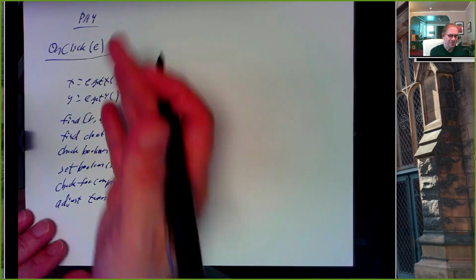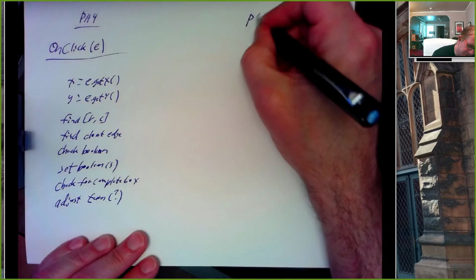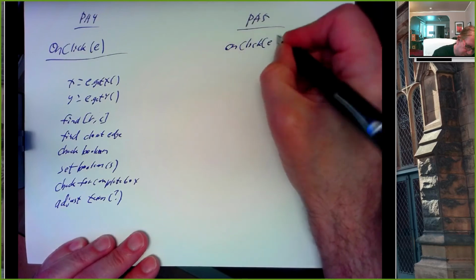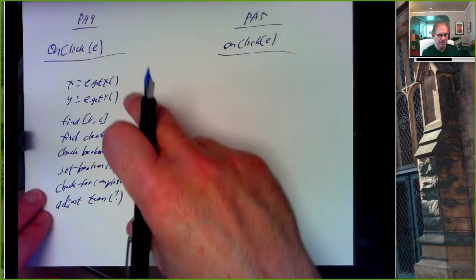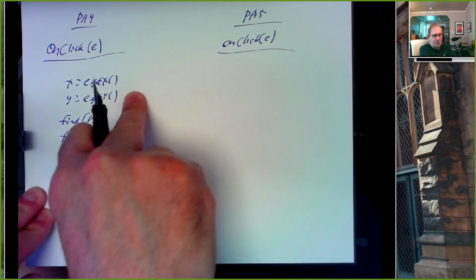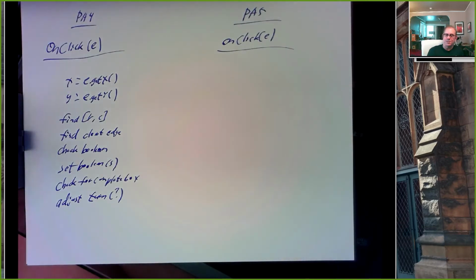So we do all of this stuff when the person clicks the mouse in PA4. All right, in PA5, when the person clicks the mouse, we're going to want to do the same things. We're also going to want to send this XY information to the other player so that their program can respond in the same way that our program did and show a line and show the initials that are updated and so on and so forth.